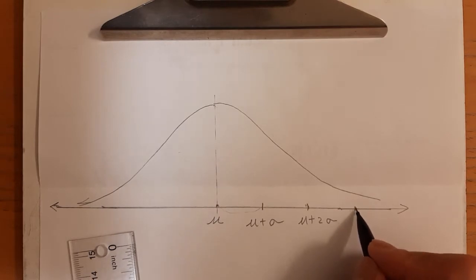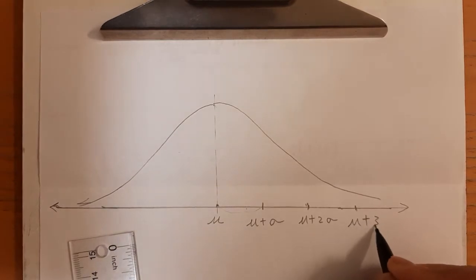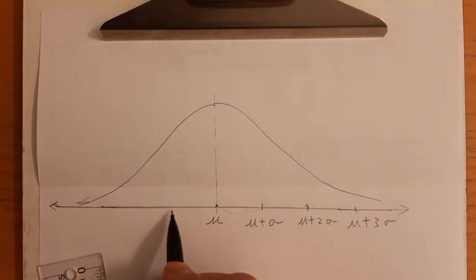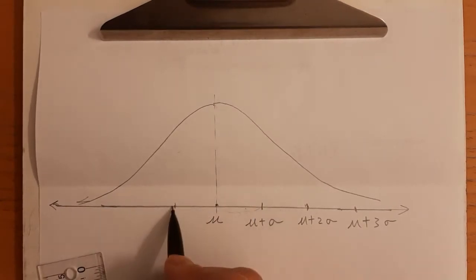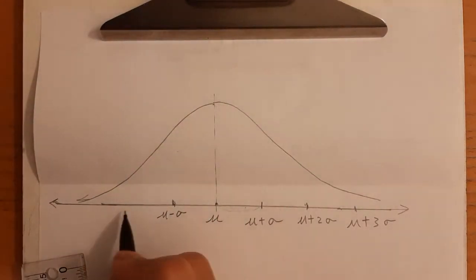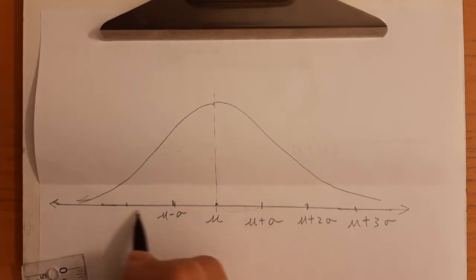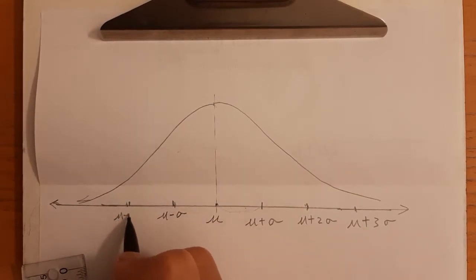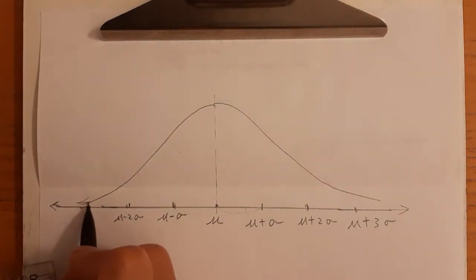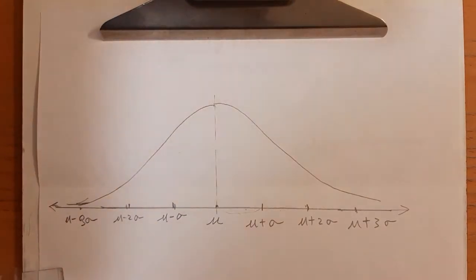Mean add 3 sigma. And to the left, those are equal lengths: mean minus 1 standard deviation, mean minus 2 standard deviation, and mean minus 3 standard deviation.